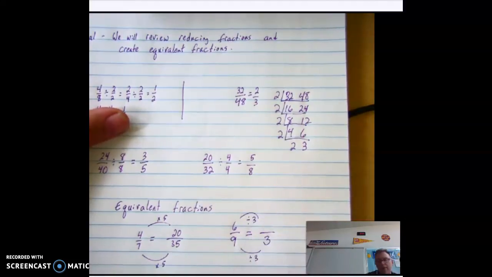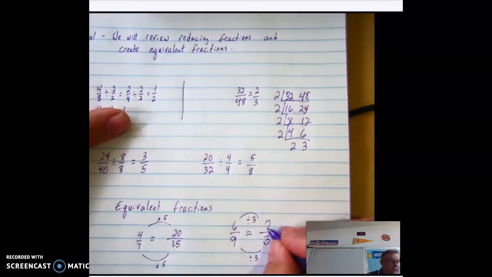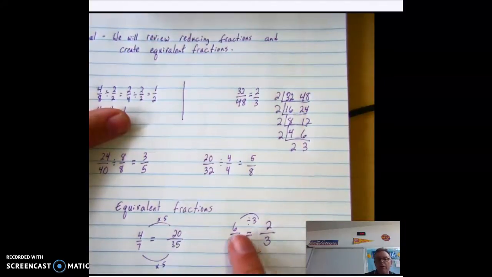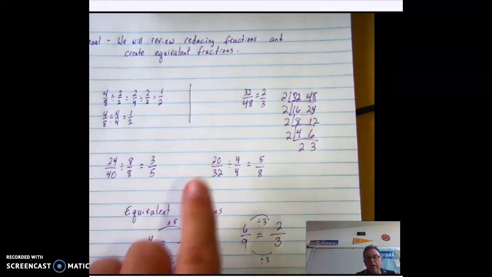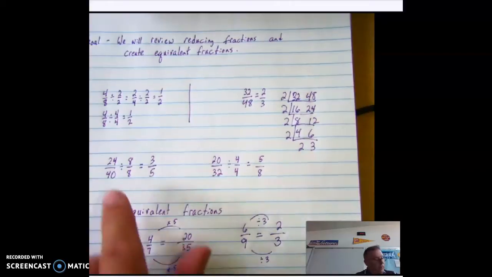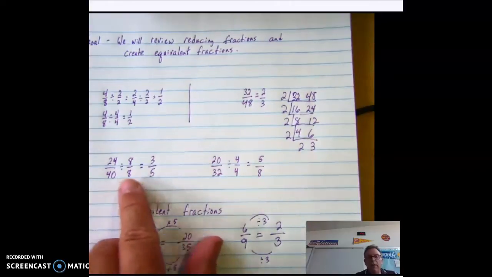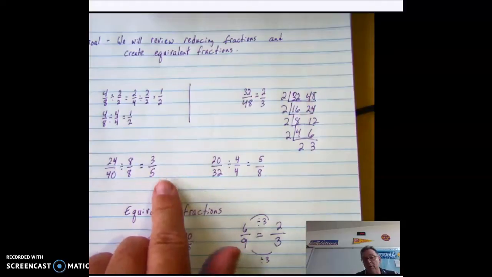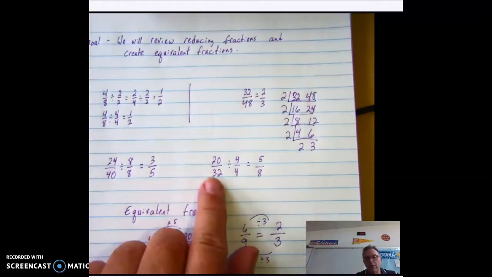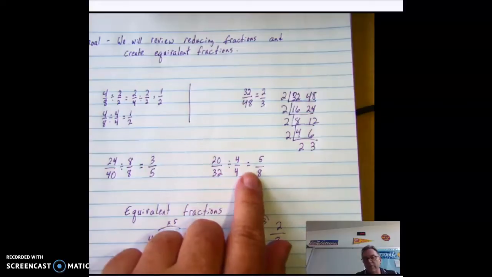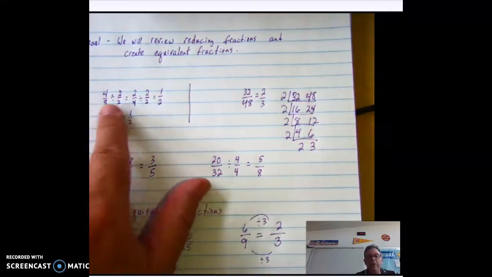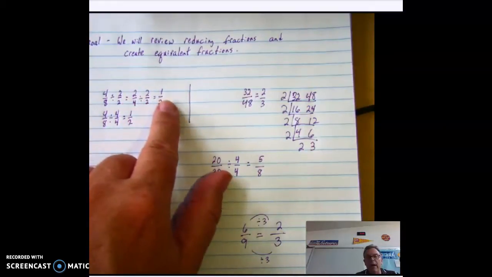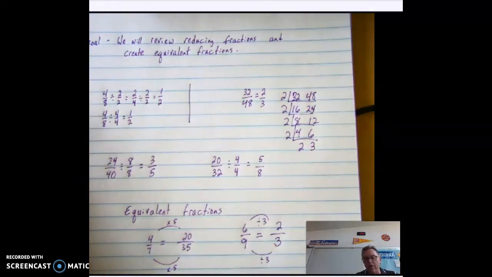Divided by 3. 6 divided by 3 is 2. So these are equivalent. When you did simplifying up top, really, you created all of these as equivalent fractions also. So 24/40 reduces to 3/5, but they're also equivalent fractions. 20/32 reduced to 5/8, equivalent fractions. 4/8, 2/4, and 1/2 are all equivalent fractions.